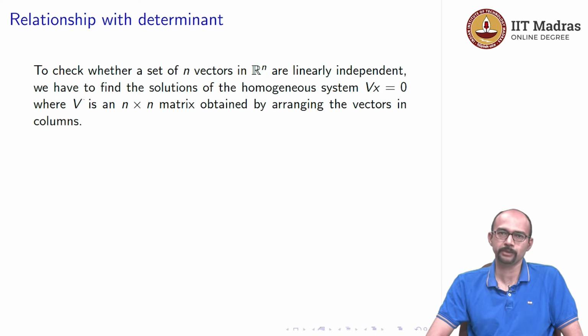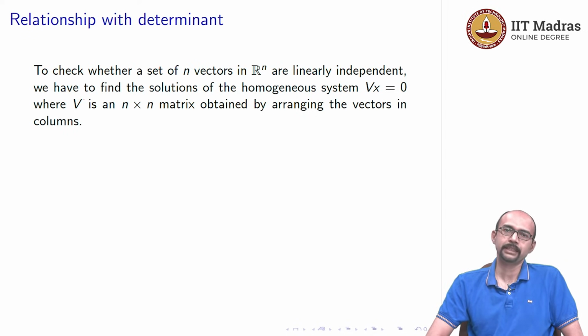That will determine whether or not it is linearly independent. If the only solution is 0, then it is linearly independent. If there are solutions which are non-zero, then it is linearly dependent.